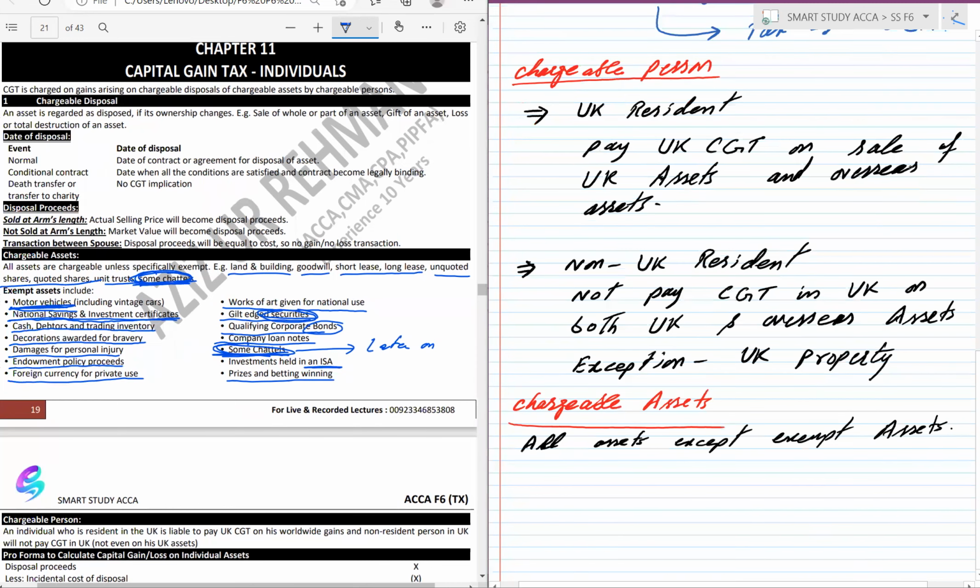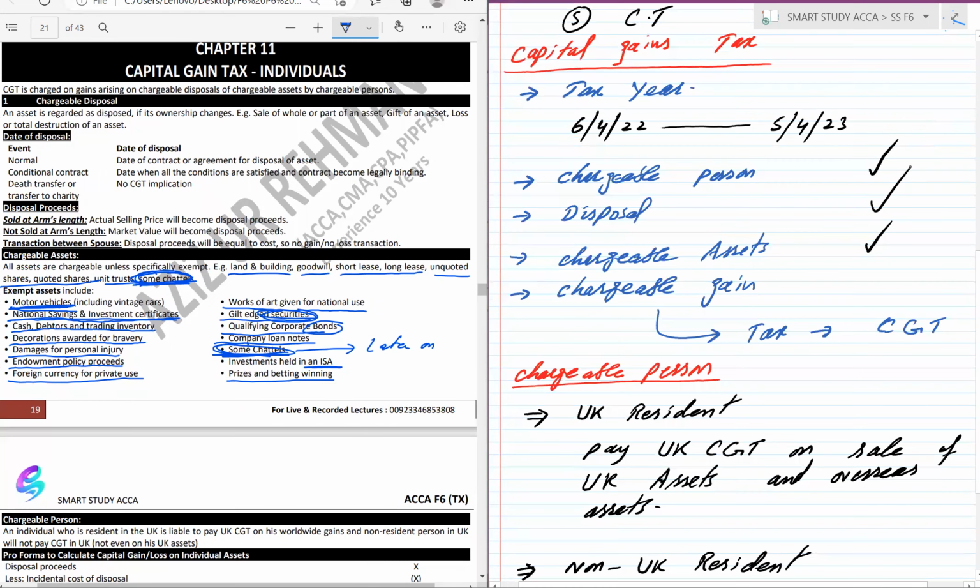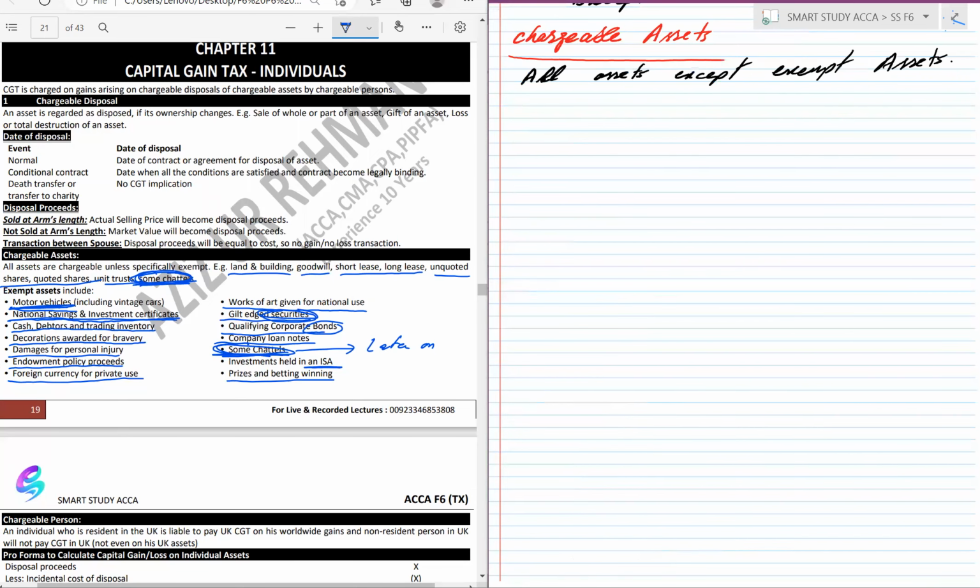The third term is basically disposal. Students, disposal means transfer of asset.